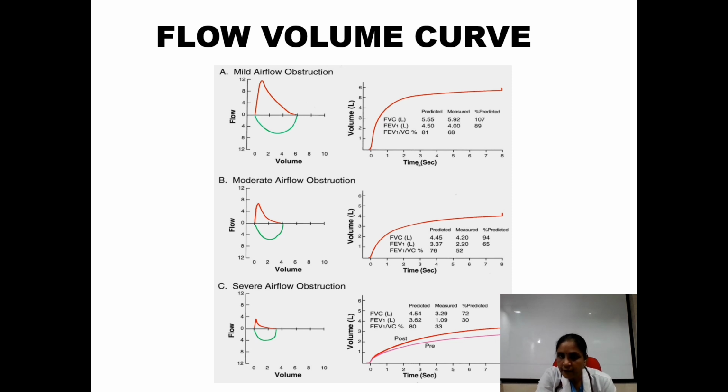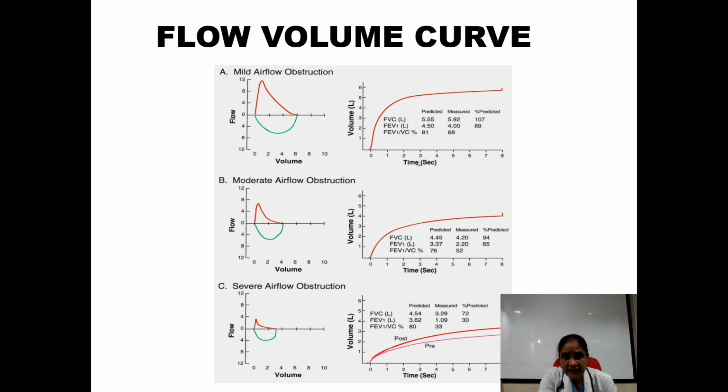When the FEV1 upon FVC is less than 70%, you should label it as obstructive asthma or obstructive airway disease. And when the FEV1 absolute value is 80 or greater than 80, it is mild. When it is between 80 and 60, it is called moderate, while when it is less than 60, it is labeled as severe asthma.